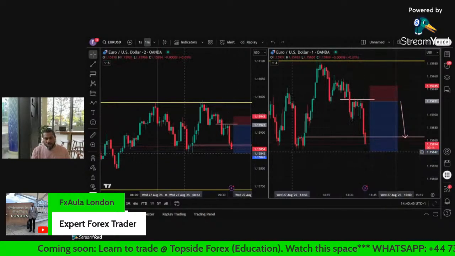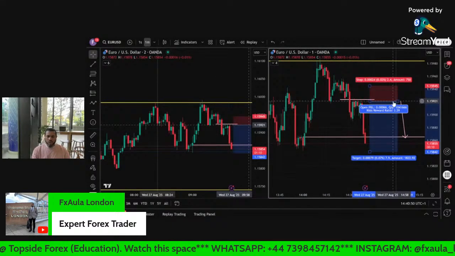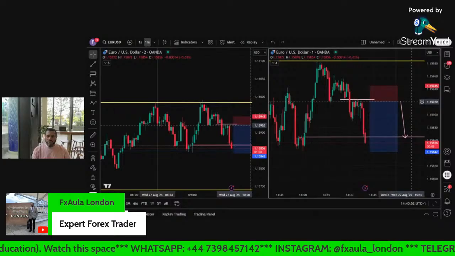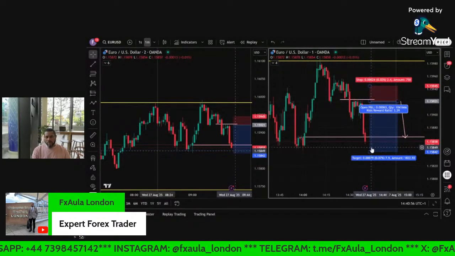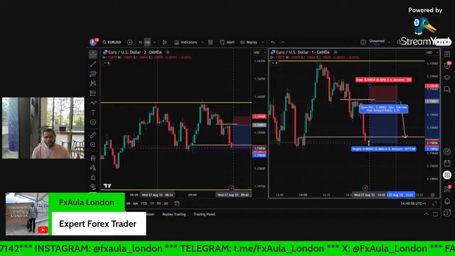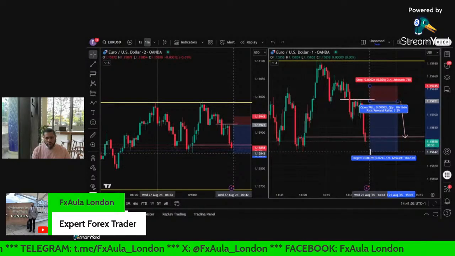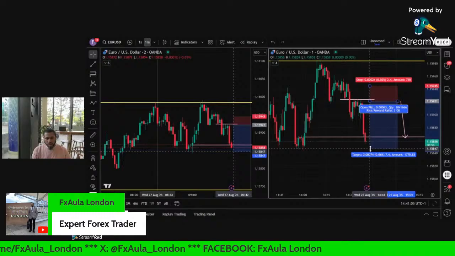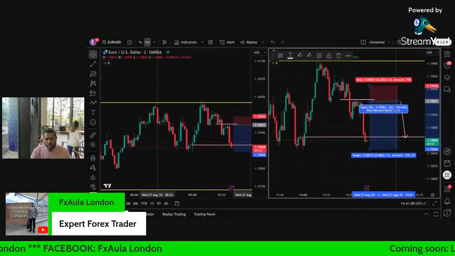I want to see if price will clear this swing low. It seems to want to. You can see 1:3 risk to reward ratios conveniently. Where are we now? 1:2.71. Let me put it here.